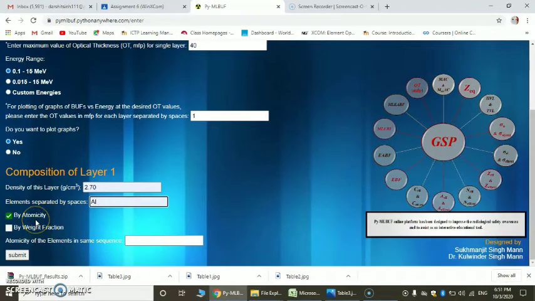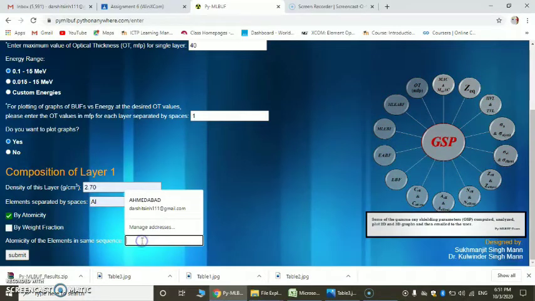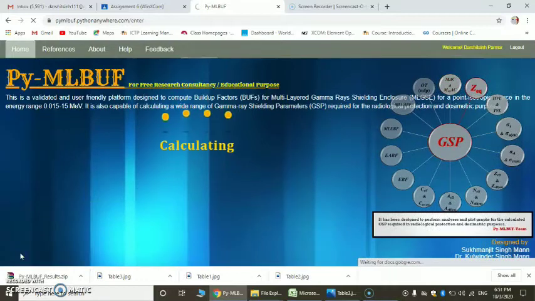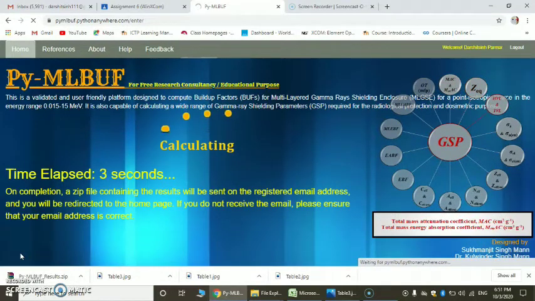Let's select by atomicity, and the atomicity of the elements in the same sequence, let's select 1. Then by submitting, the platform calculates the results for us. It will take some time.